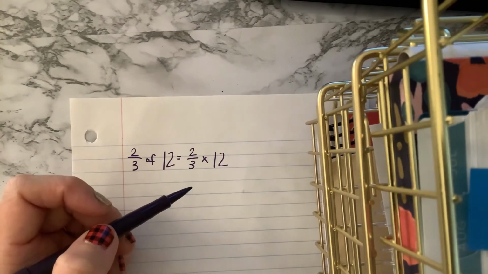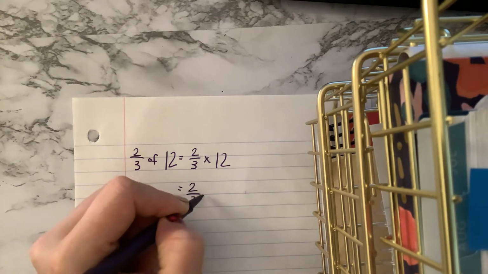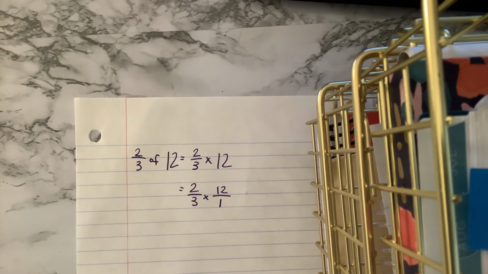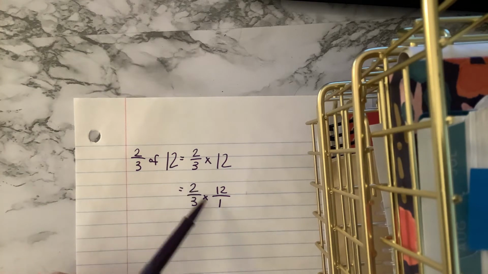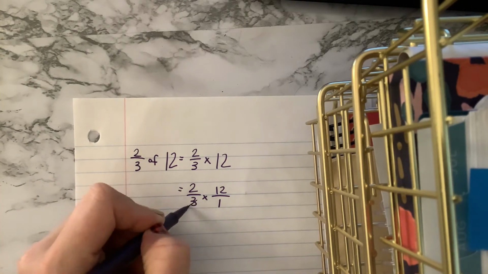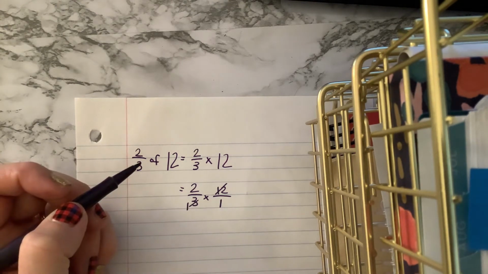You should say, this is exactly what we've been doing the last couple of days. So we rewrite our whole number as a fraction over 1. And now we look, can we simplify? Again, in advance, simplify. So we check our diagonal pairs. They need to have a factor other than 1. So 2 and 1 do not share a factor other than 1. 3 and 12, however, are both divisible by 3, so we can simplify. 3 divided by 3 is 1.